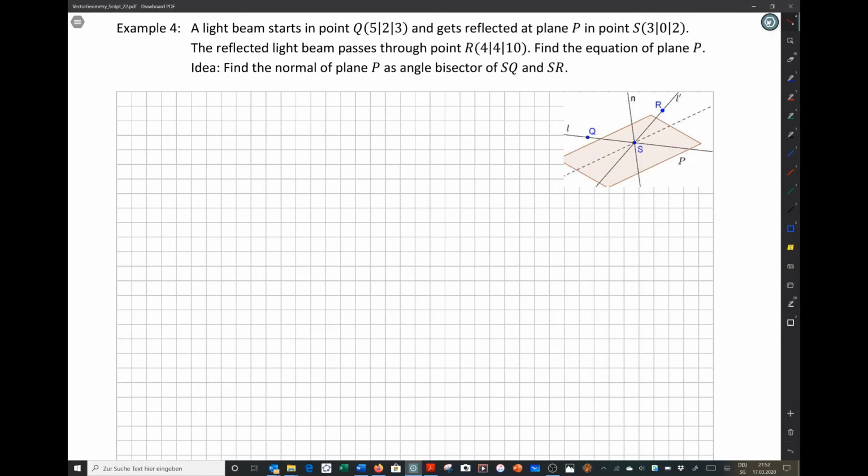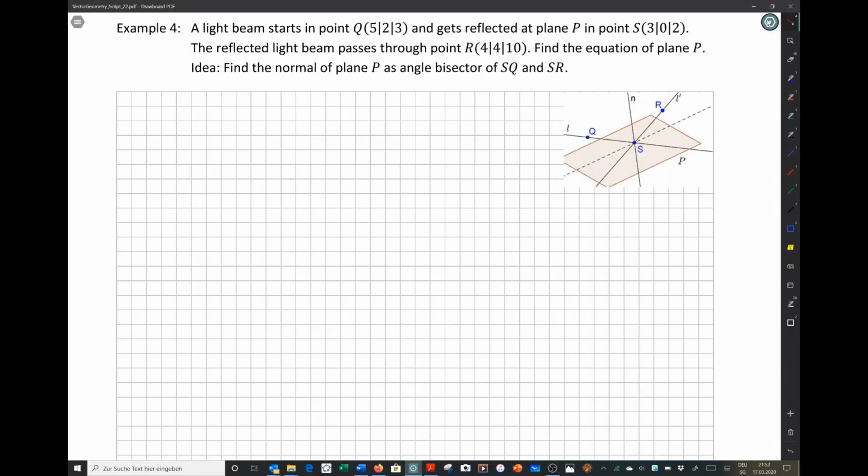The normal line through the point of reflection S, normal to the plane P, is the angle bisector of the line L and the line L'. So this means we have to find the angle bisector of L and L', and namely the correct one, so the one here, not the one here.